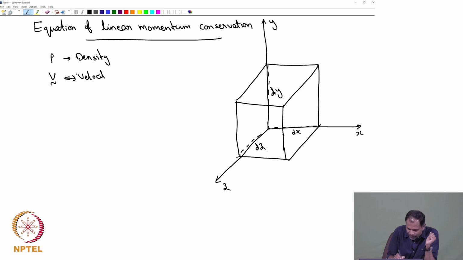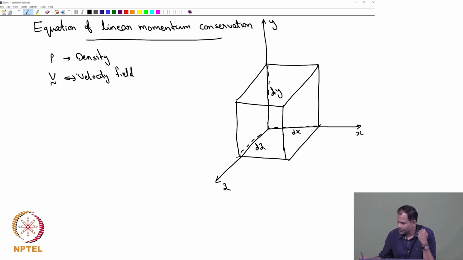So, it is a velocity field, which varies with x, y, z and time. What we need to do now is find out how much momentum is going into the system and how much momentum is going out of the system, and whatever is left out will give rise to the accumulation.